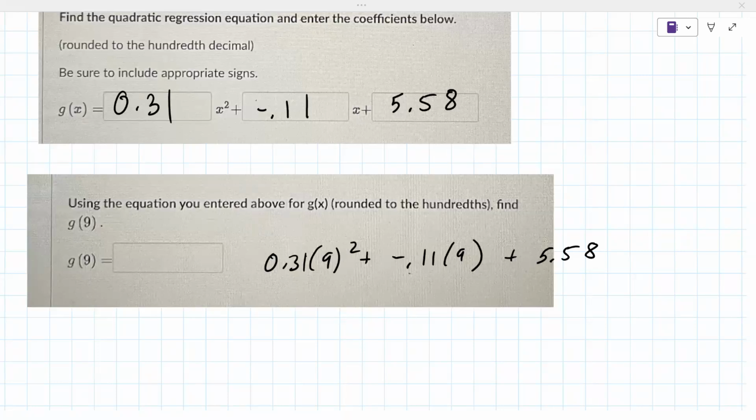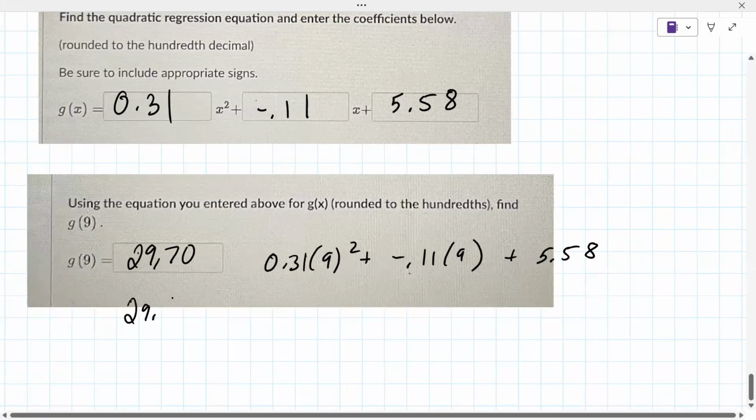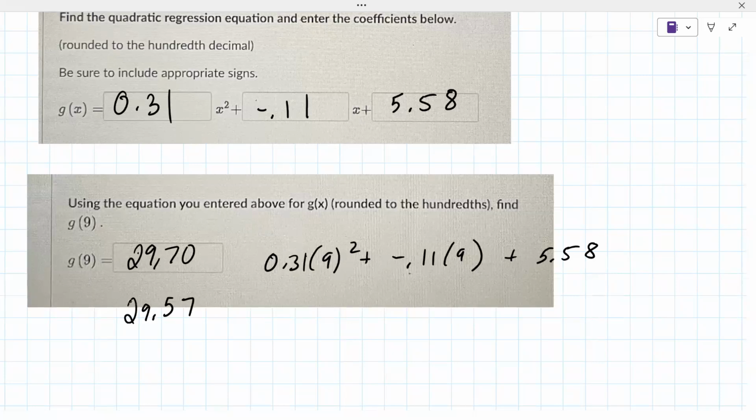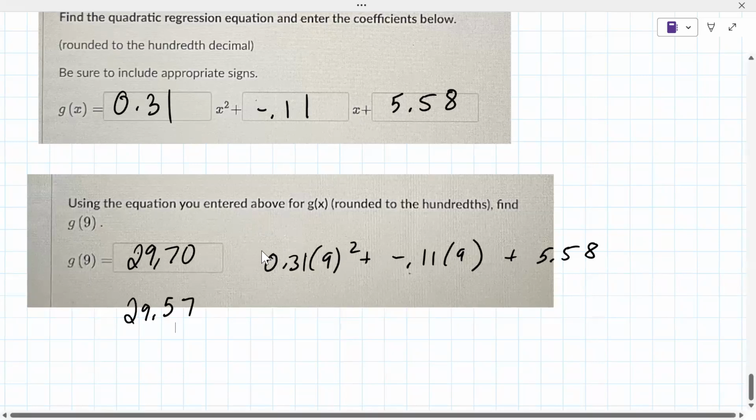So I used some software, and you're not that far off, but maybe it didn't use the rounded values. It seems like you're a little bit off there. So the rounded answer is 29.70, I think, but I did positive 11, not negative 11. But here's the thing, when I use the full coefficients, this is the answer. So you can see they're close. Oh, they want you to use your rounded equation. Okay. That looks to be okay then.